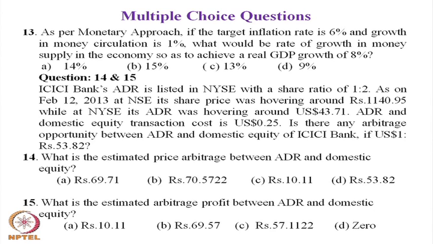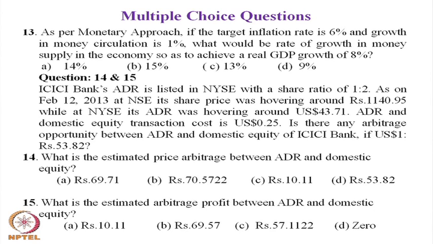Question number 14 and 15. I am reading the question to you. Here I have given a small paragraph of write up. After that, question number 14 and 15 will come. The write up is here. ICICI Bank's ADR is listed in New York Stock Exchange with a share ratio of 1:2.